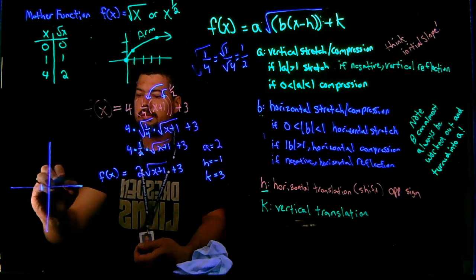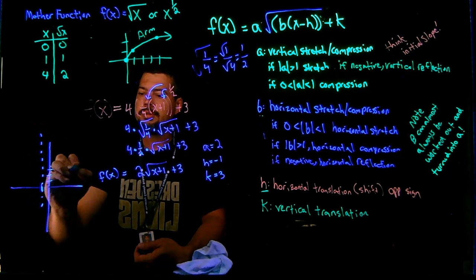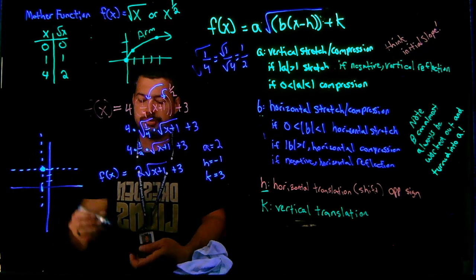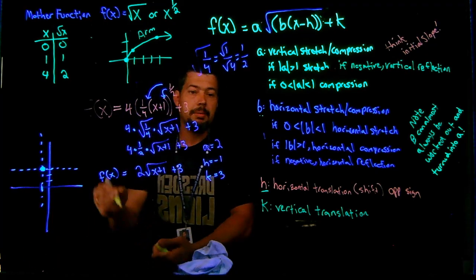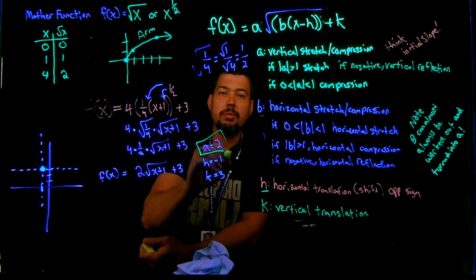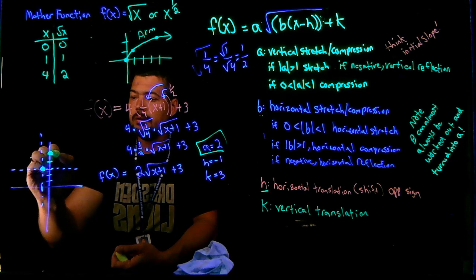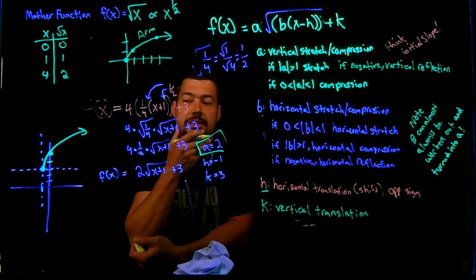Left 1, rise 3, and there's your new origin. It's also the starting place or the origination of the new function. And the slope is to rise 2. Remember, that's the initial slope. We're going to rise 2 as we run 1. It's had a vertical stretch done. The arm is growing twice as fast as the mother function.